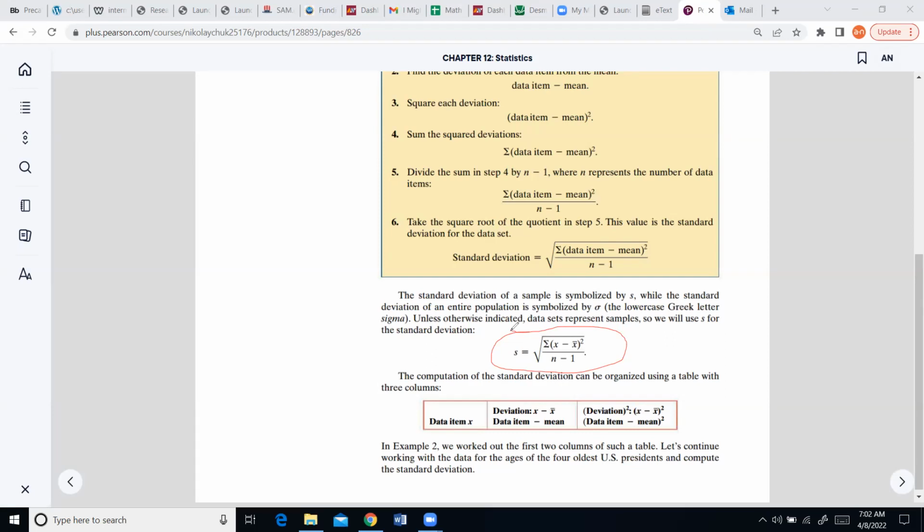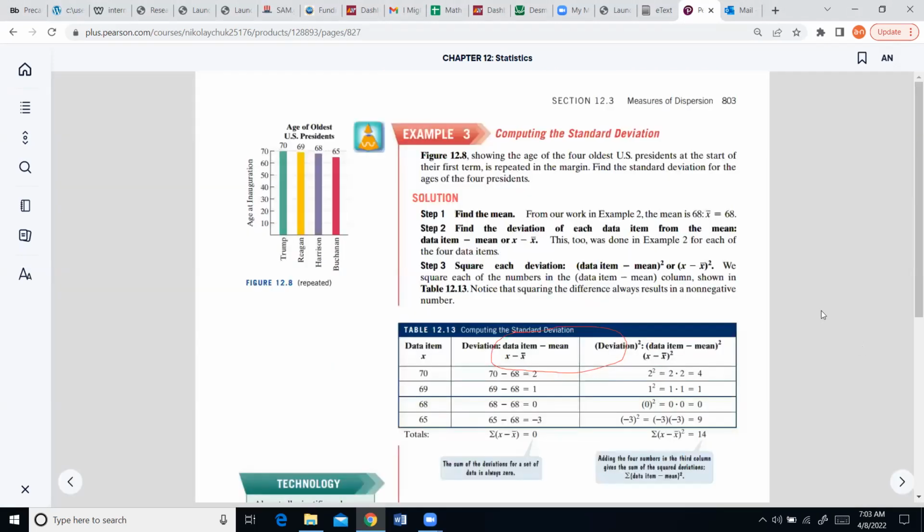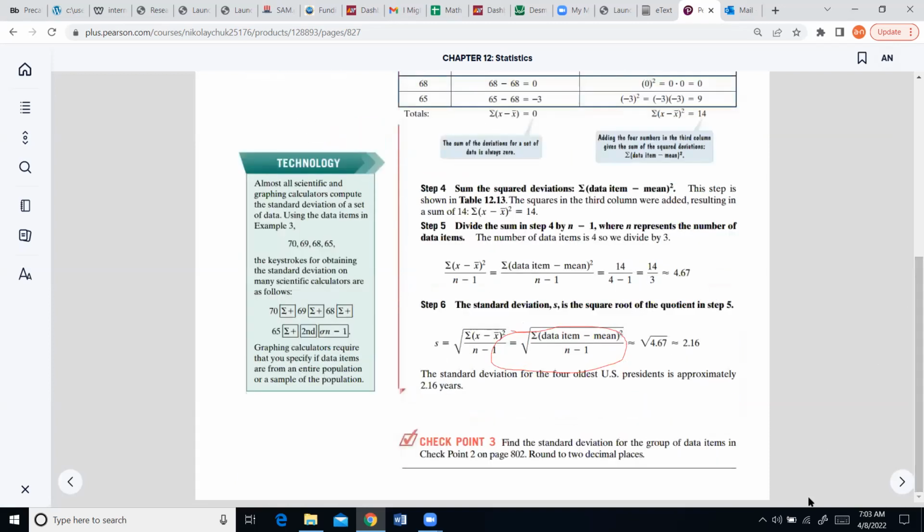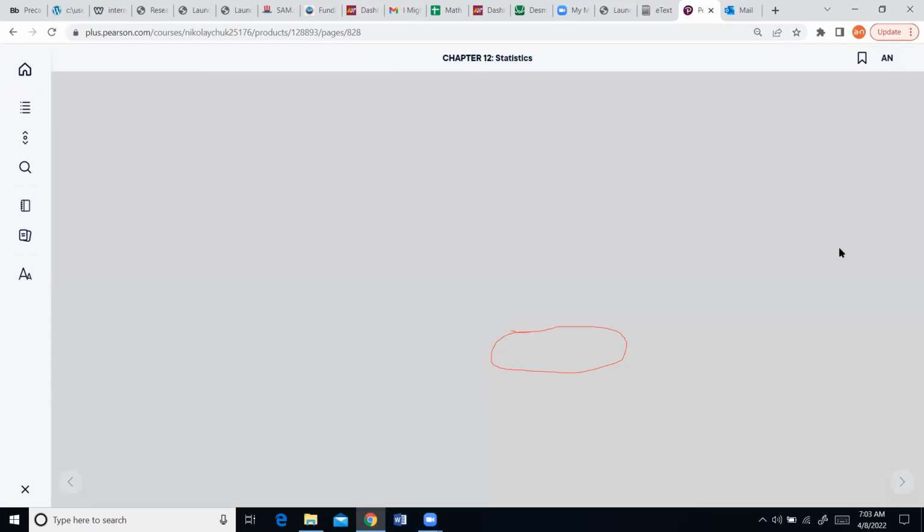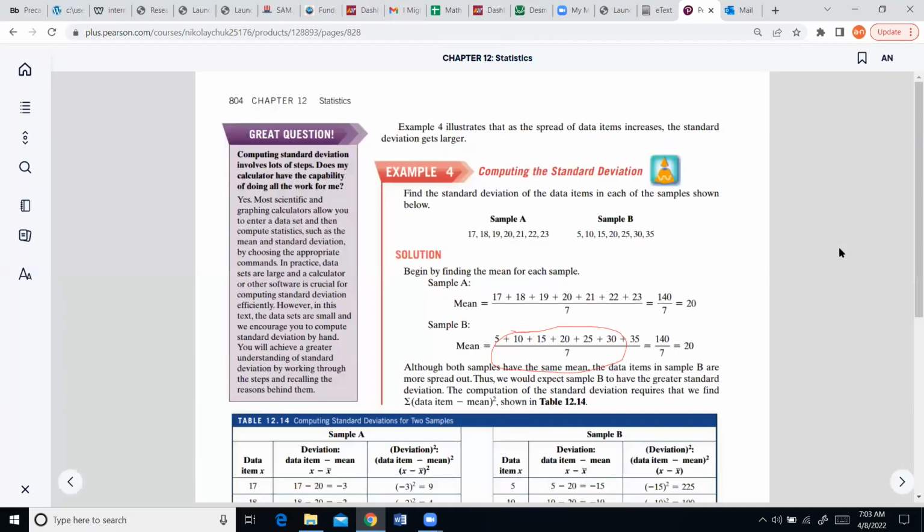We utilized this formula and went through the example that they have here. It looks like they have only one example considered. It's right there, example 4. So we looked at that example 4.